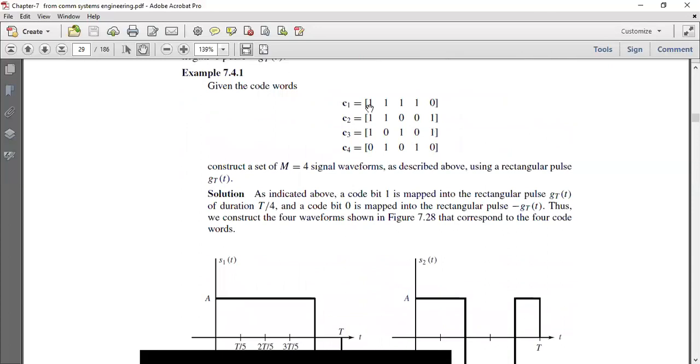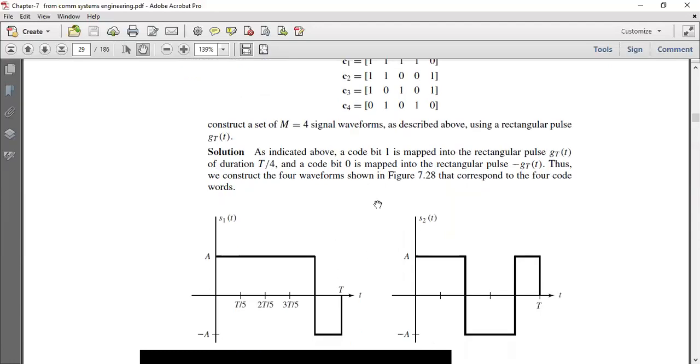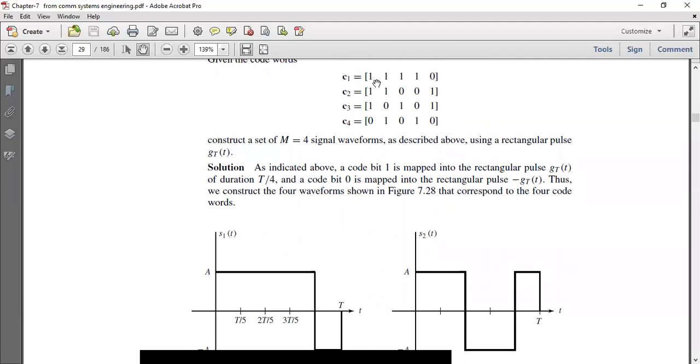Given the code words C1, C2, C3, C4, construct a set of m equal to 4 signal waveforms as described above using a rectangular pulse g(t). If you look at this, we have 4 code words. So T/n, n will be 5 in this case because we have 5 elements.